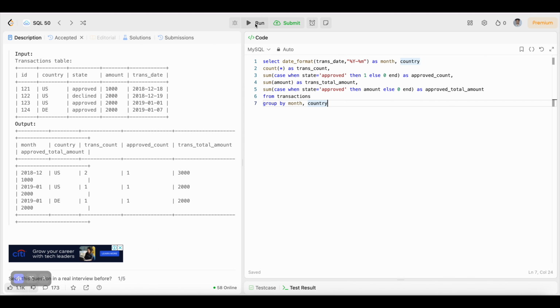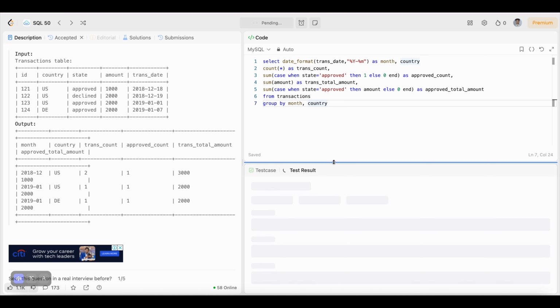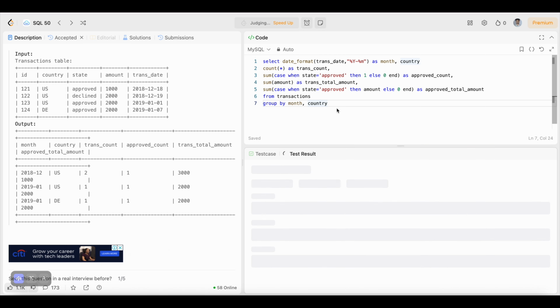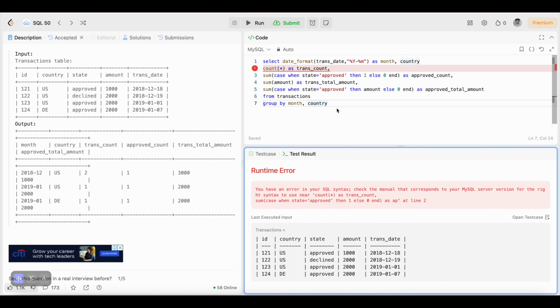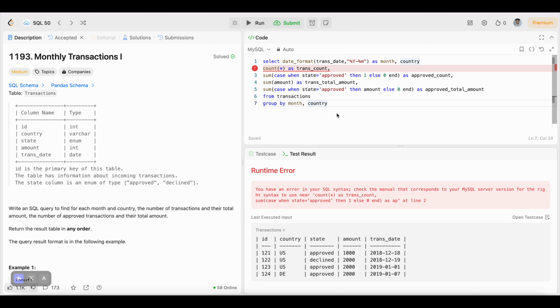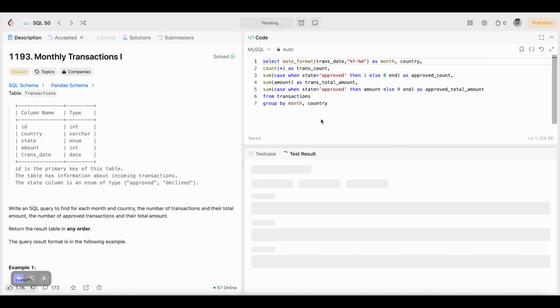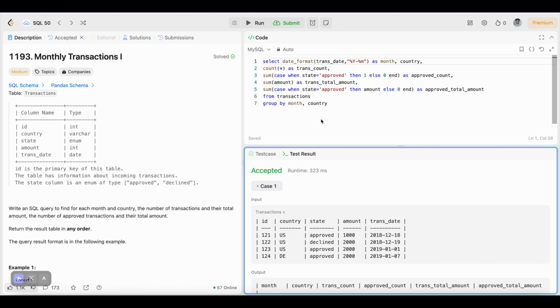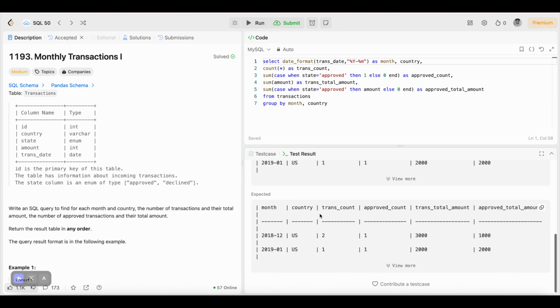Let's run this and see if it passes for the given input test case. It has some syntax issue. We are missing a comma here. Let's put the comma. Okay, it is passing for the input test case.